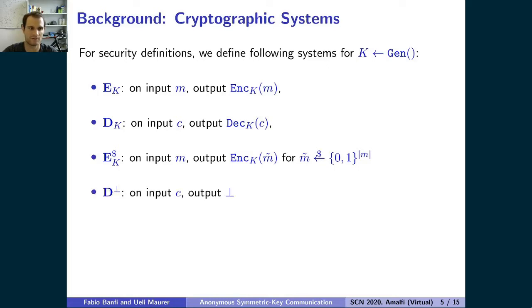We need also a system D bottom, which on input any ciphertext always outputs just a simple bottom.